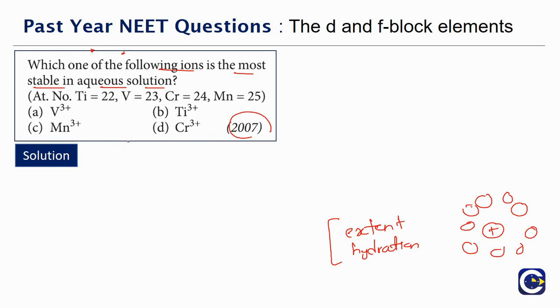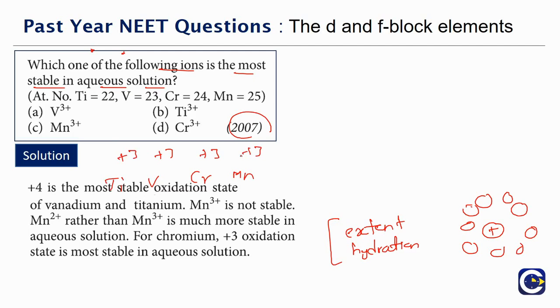So if you look at these ions, all of them are elements of the 3D series: titanium, vanadium, chromium, manganese. All of them are trivalent ions, +3, +3, +3, +3. Now the vanadium and titanium +4 state will be more stable in the aqueous solution.